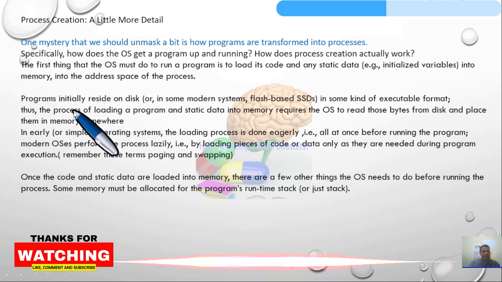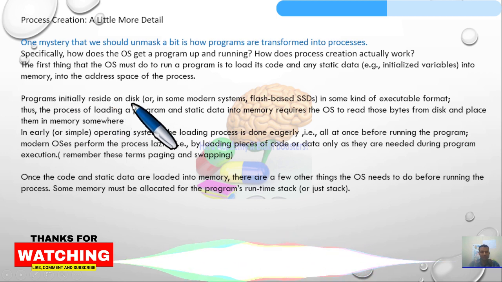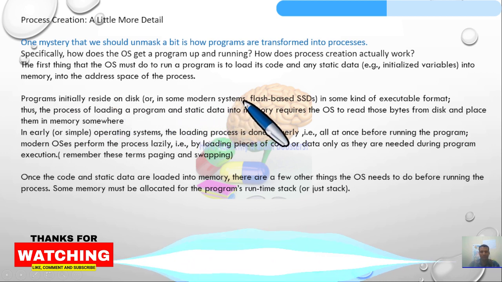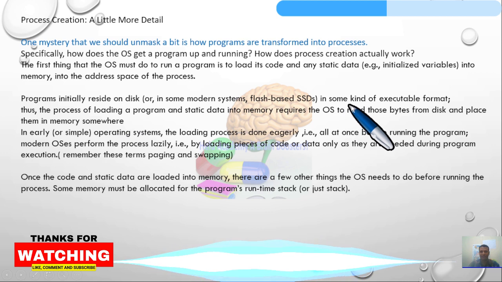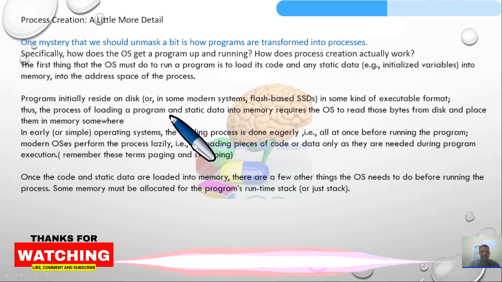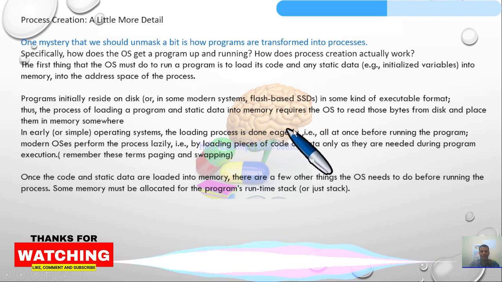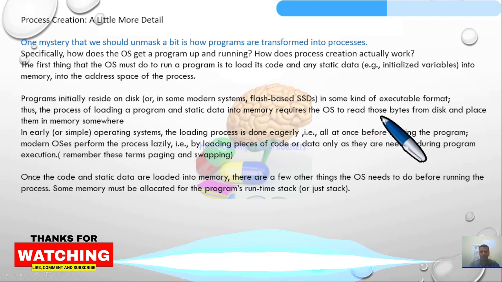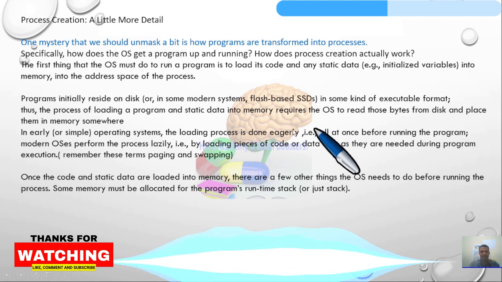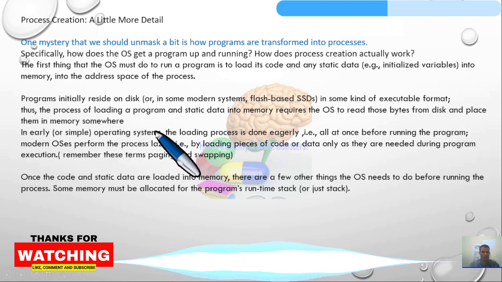Programs initially reside on the disk, or in some modern systems flash-based SSD, in some kind of executable format. The process of loading a program and the static data into memory requires the operating system to read those bytes from disk and place them into the memory somewhere.